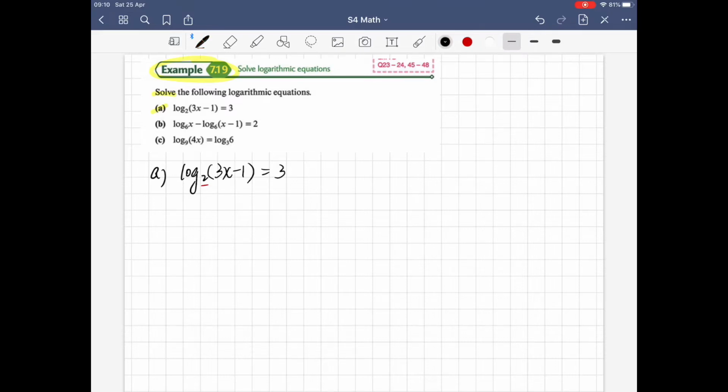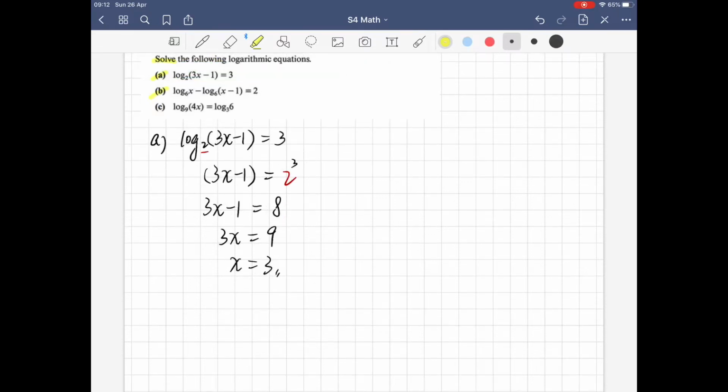Therefore, to remove the log function, we use the base 2 to the power of 3. So 3x minus 1 equals 8, and 3x equals 9, and x equals 3. Then we've finished part A.